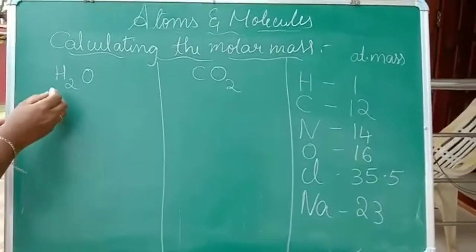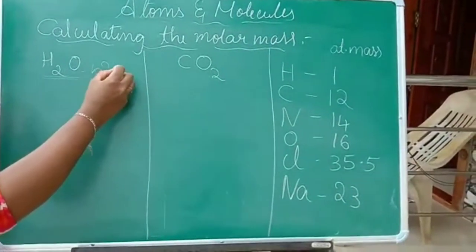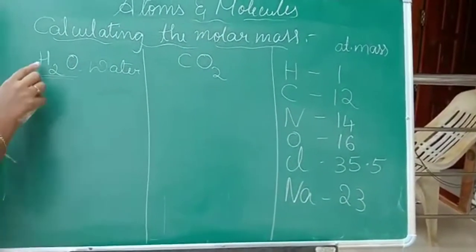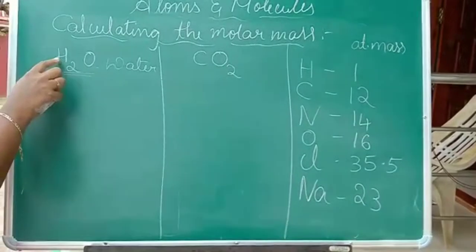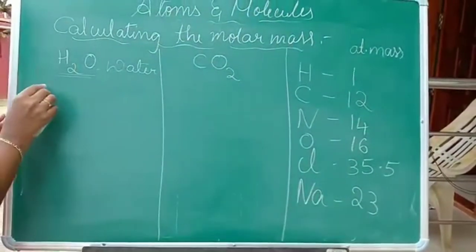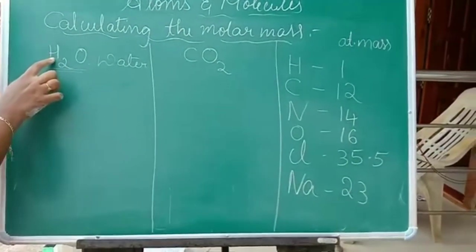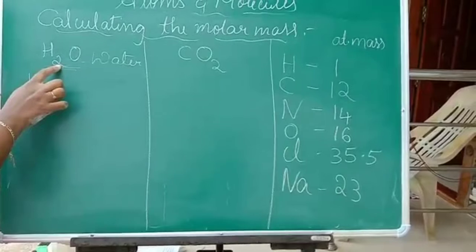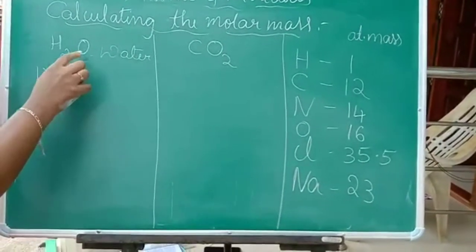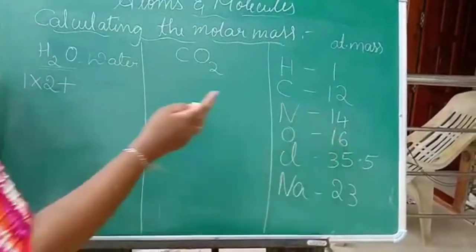Now we shall find out the molar mass of H2O. H2O is water. H means hydrogen. Hydrogen's atomic mass is 1, right? So 1 into how many hydrogens are there along with H? That is 2. Multiply by 2, plus oxygen. The atomic mass of oxygen is 16.